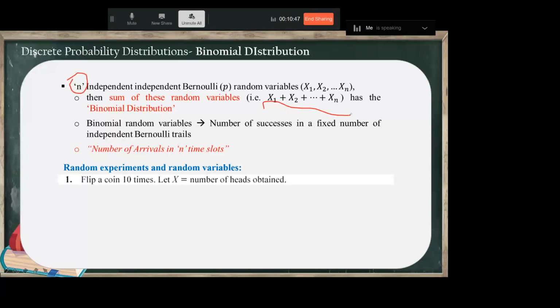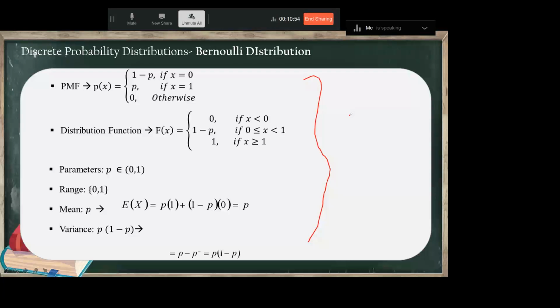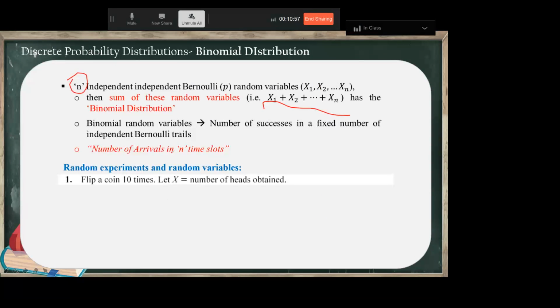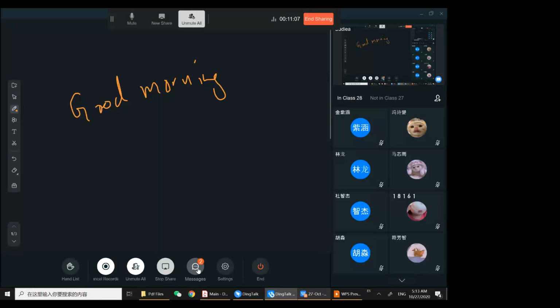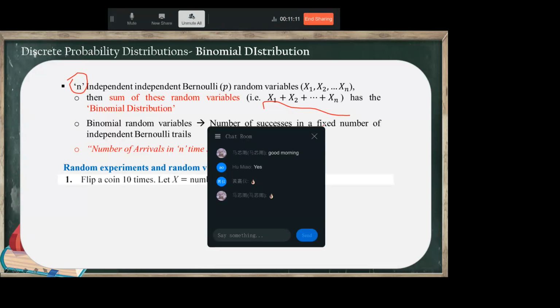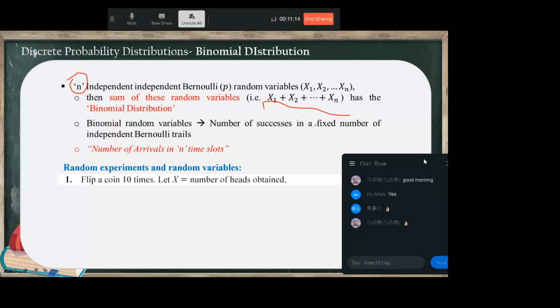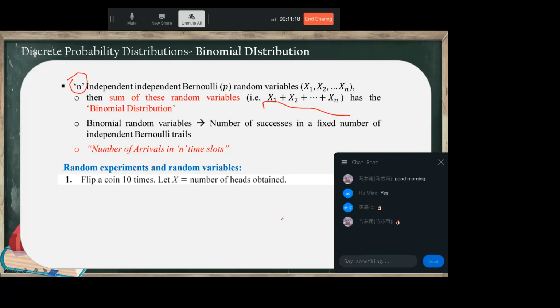So who can tell me what the parameters of the binomial distribution are? In Bernoulli distribution, the parameter is P. What are the parameters of binomial distribution? Does anybody remember?